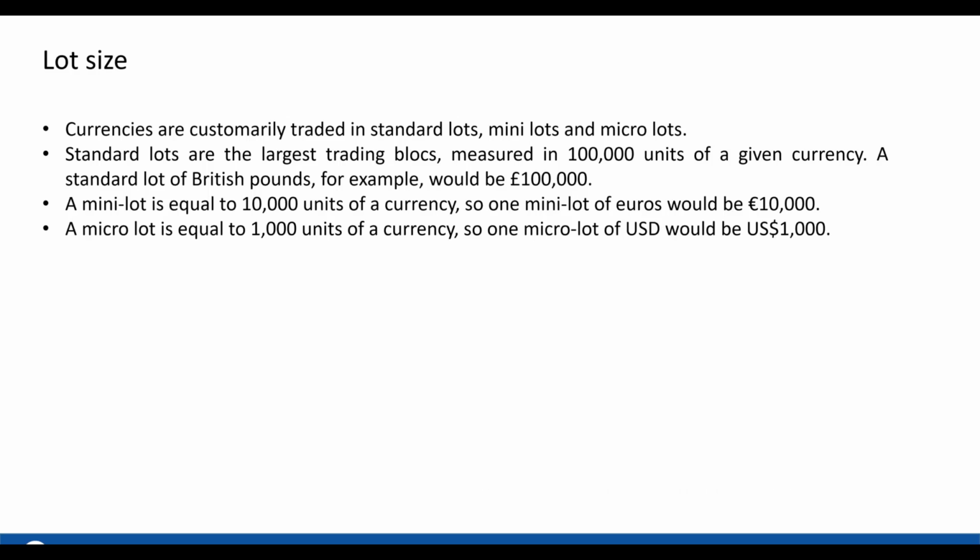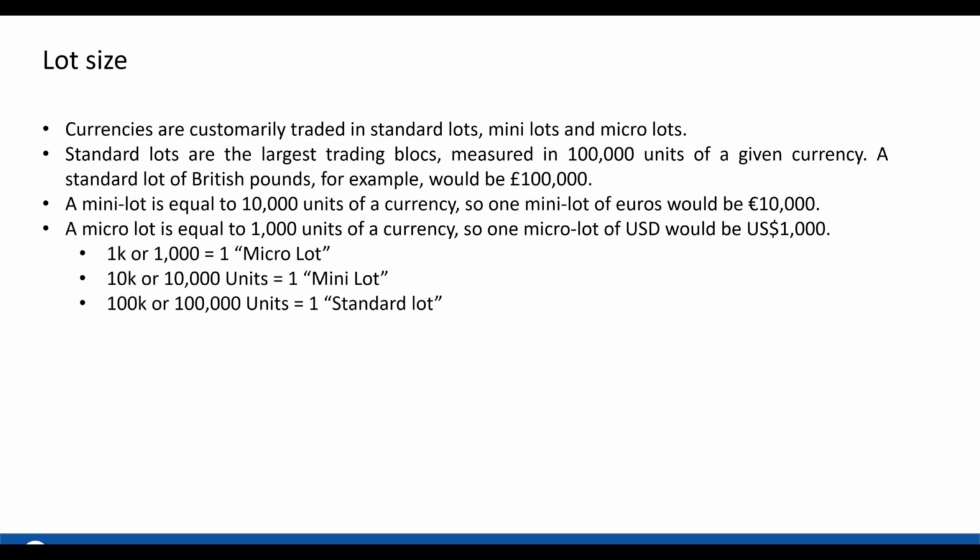And a micro lot is equal to 1,000 units of a currency, so 1 micro lot of US dollars would be 1,000 US dollars. Take a look here. 1K or 1,000 equals 1 micro lot. 10K or 10,000 units equals 1 mini lot. 100K or 100,000 units equals 1 standard lot.